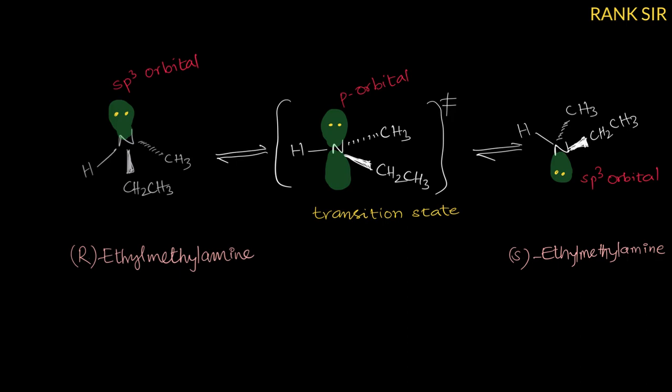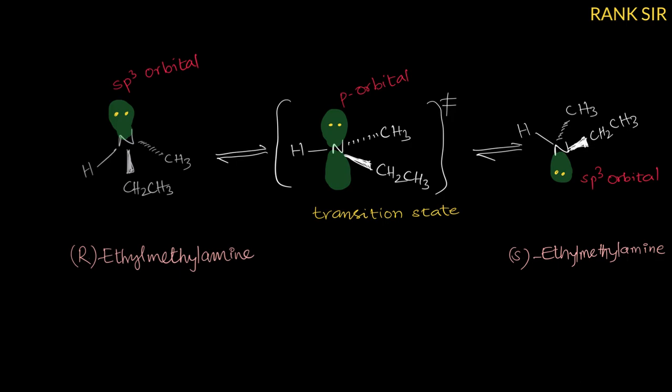Now, consider an amine with three different groups, maybe hydrogen, methyl and ethyl, three different groups. If there are different groups on the nitrogen atom, then we consider it like a carbon atom with four different groups, chiral. Whether chirality is present here, we will discuss.